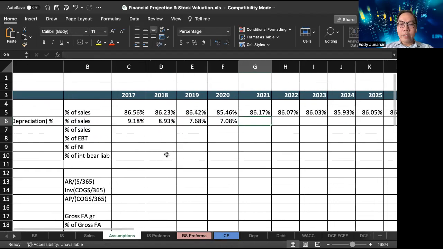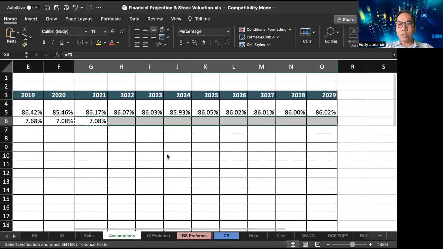Hence, I tend to use the last growth rate, because if we are doing the averaging, it's not wrong, but look at the pattern again. It's going down monotonously. So in this example, I will just use the last growth rate as the basis for estimation for the next 10 years.